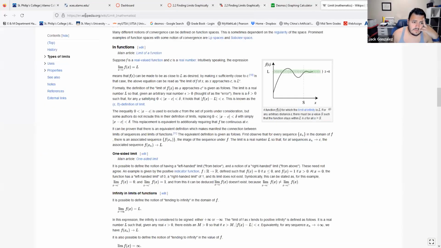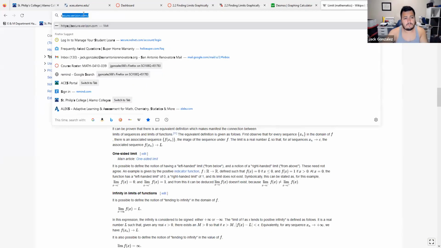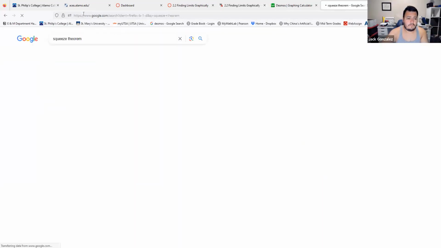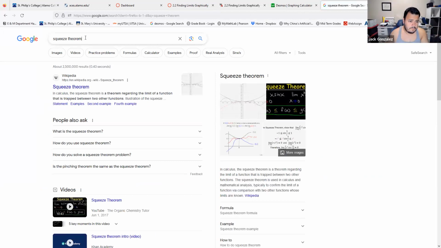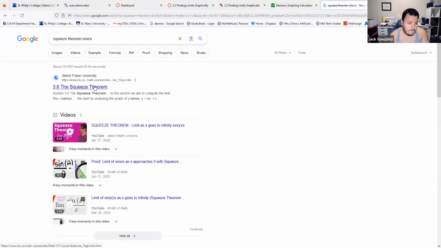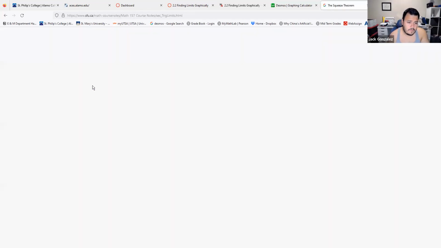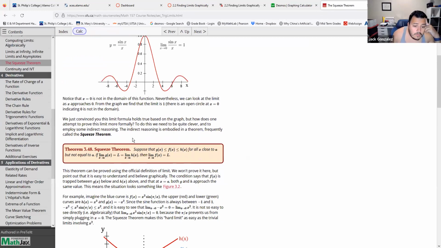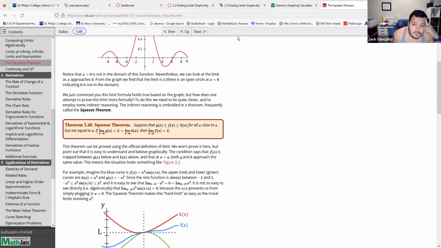Let me see if I can find the squeeze theorem for you. It's in the book, this is just a little faster. This is the theorem in the book; it comes out in this section a little later. They squeeze the f function in between two others.